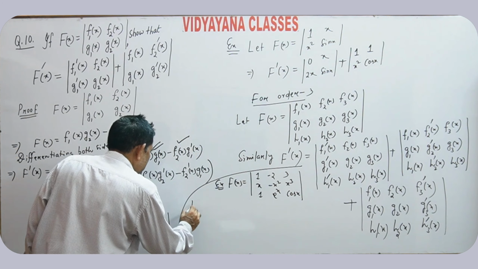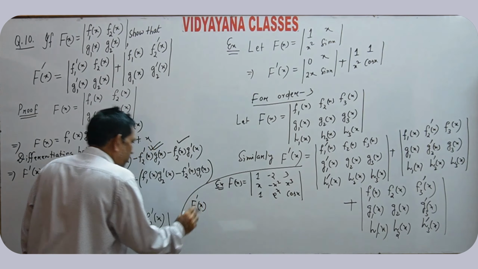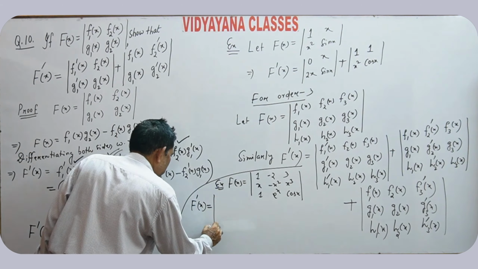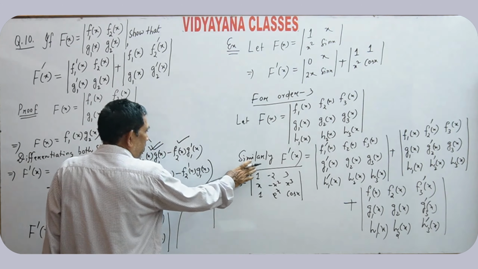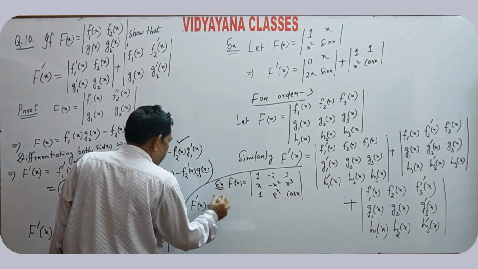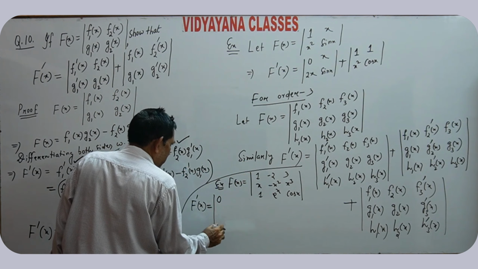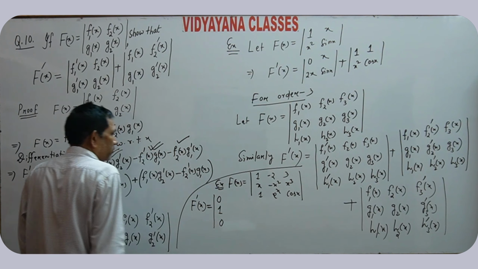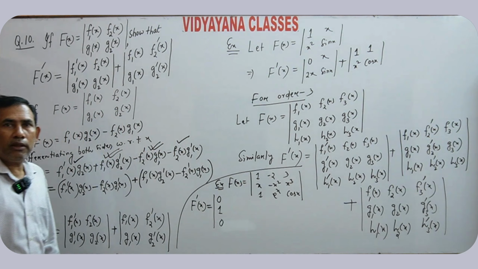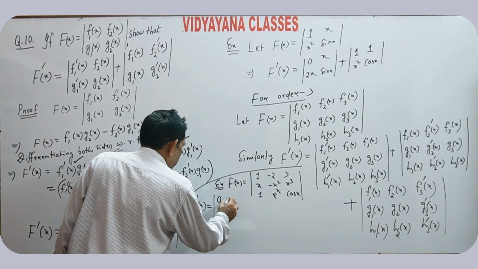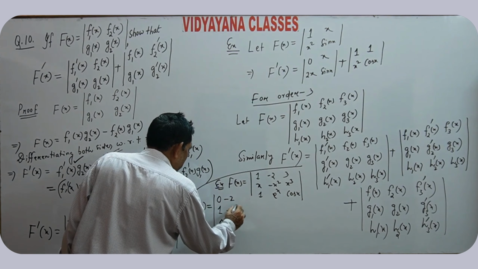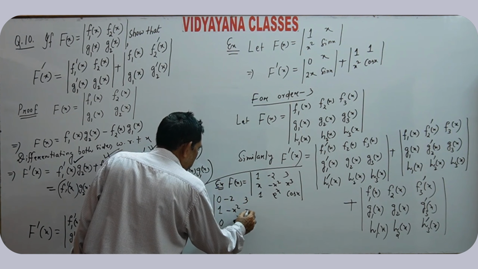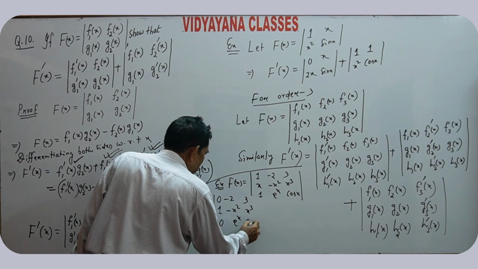F dash x, the derivative with respect to x, is equal to the derivative of the first column: derivative of 1 is 0, derivative of x is 1, derivative of 1 is also 0. Column 2 and column 3 remain as they are.